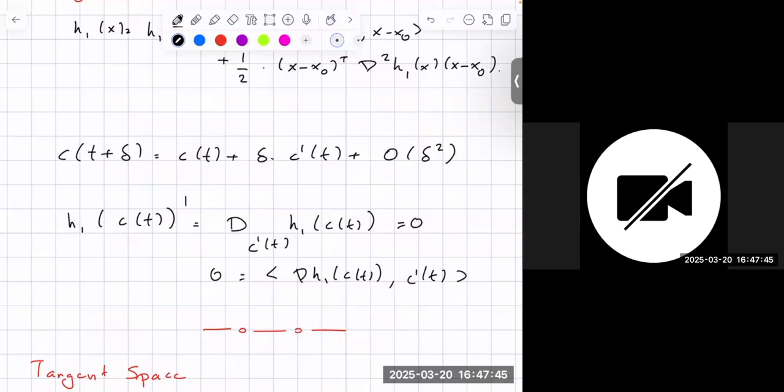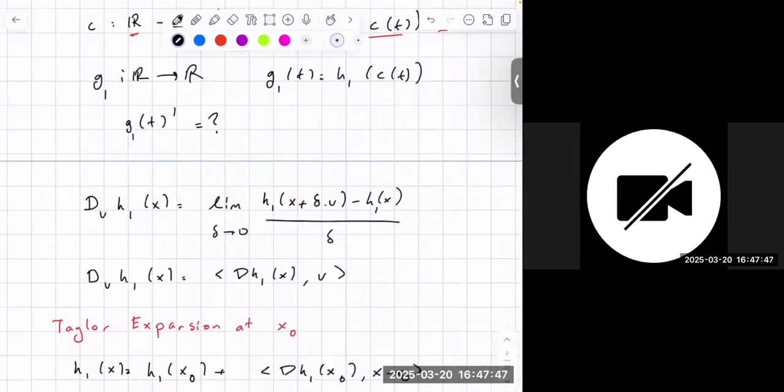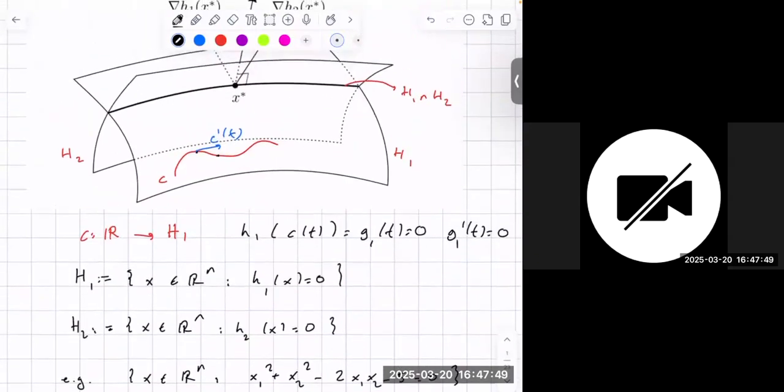You know, the way to imagine this is as follows. You take the gradient vector of your function at that particular point, whatever that point was. And then you look at the things that are orthogonal to it.